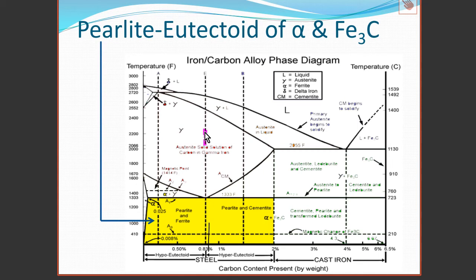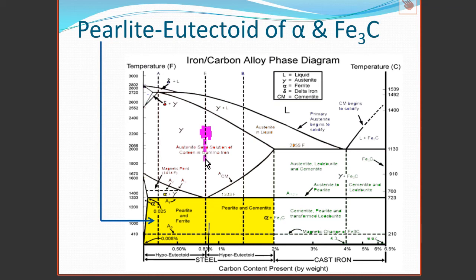So let's say here I am, red hot steel. All of that red hot steel is a single phase, and that single phase is austenite, gamma iron. So imagine yourself looking at a piece of red hot steel. That whole thing is face-centered cubic structure, iron with carbon interstitial, and we call that austenite or gamma iron.